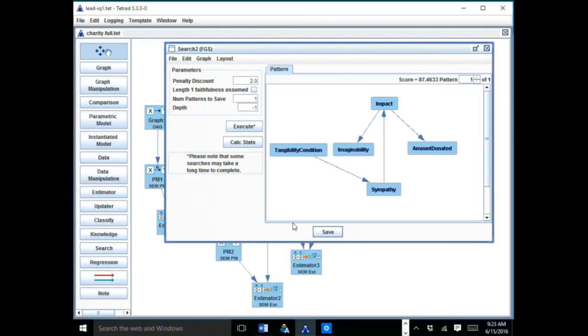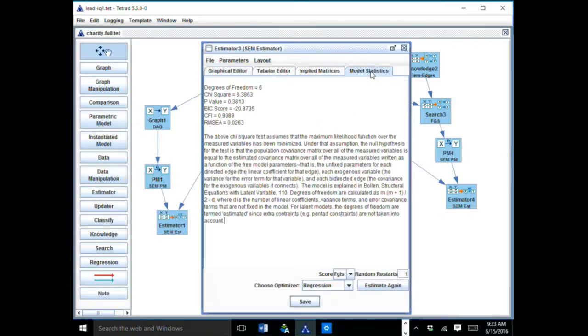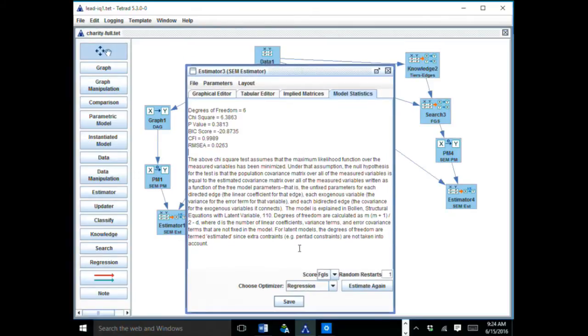If I look at the estimated numbers, a more tangible scenario causes sympathy, sympathy causes impact, and impact causes amount donated. The model statistics are very good. The p-value is 0.38. That model fits the data quite well. So we have at least found a model that fits the data, which allows us to say that if there's any evidence from the data about what's causing what, it's at least contained in some model that we know fits.